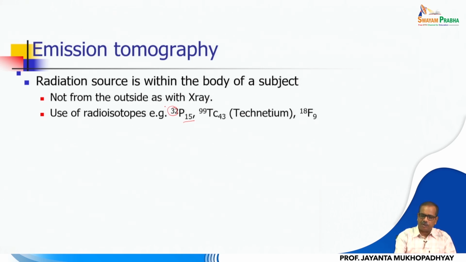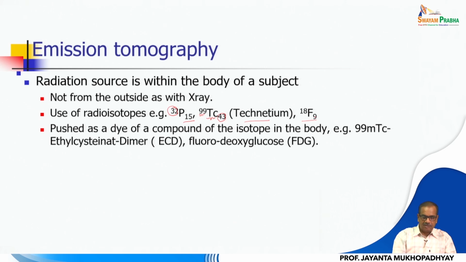There is also another popular isotope called technetium, whose atomic symbol is Tc, where 43 is its atomic number and 99 is its mass number, and this is fluorine 18F9. So these are also other isotopes. As I mentioned, it has to be injected, so it is pushed as a dye, a compound of the isotope.